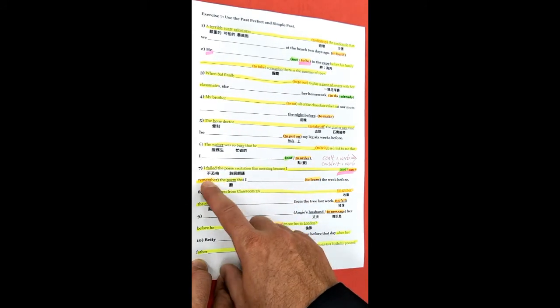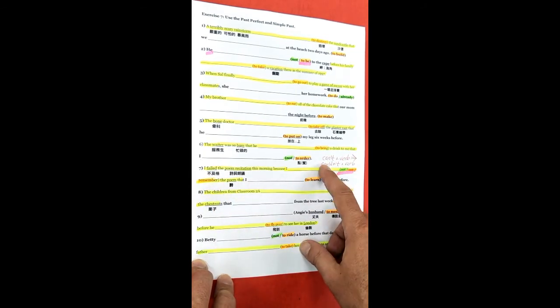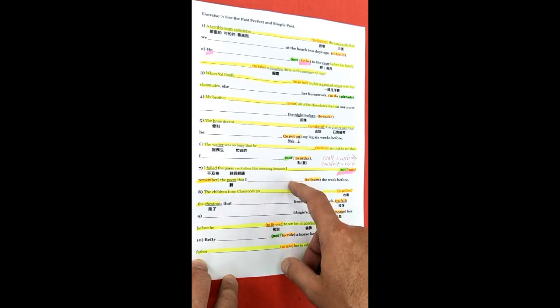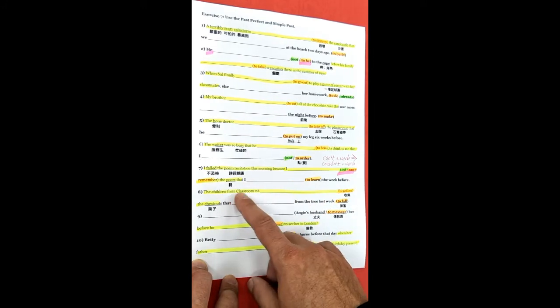So remember, remembered, remembered. Remember, can't plus a verb. Past tense, couldn't plus a verb. Learn, learned, learned. In the UK, learn, learnt, learnt. All right.